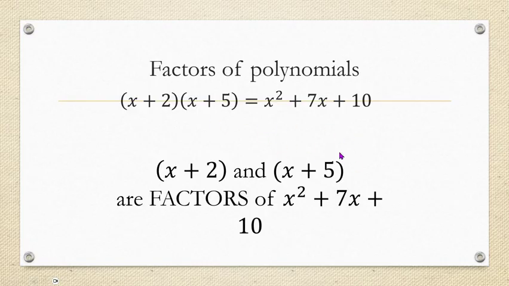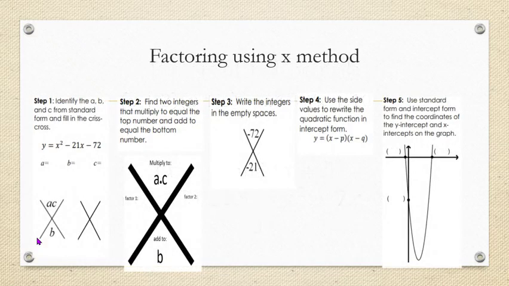These that we just found by pulling it apart are the factors. These are two things that will multiply together to give us that quadratic equation. So I basically showed you how to do this.